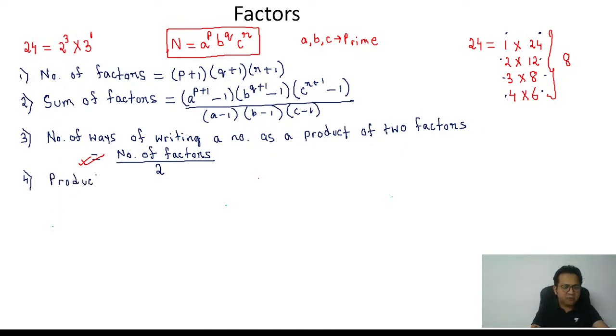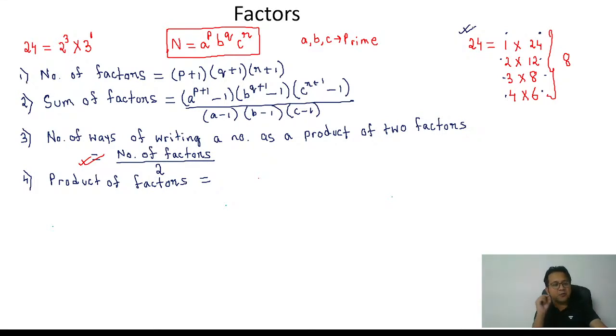What is the formula? Do you recall? Product of factors. As an example, for 24 the question might be asked: what is the product of all the factors of 24? They will not ask you 24, it is a small number. They will give you a big number.